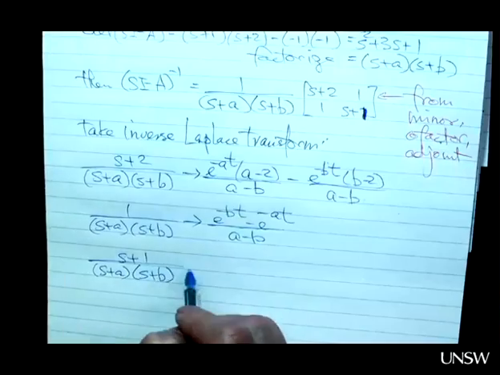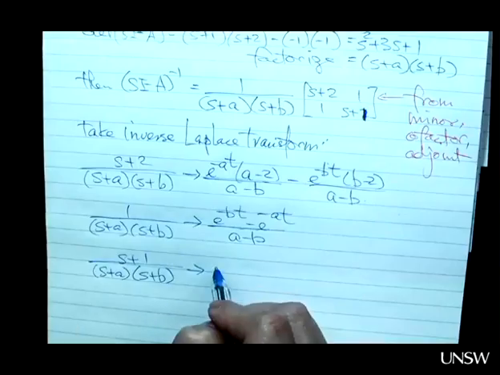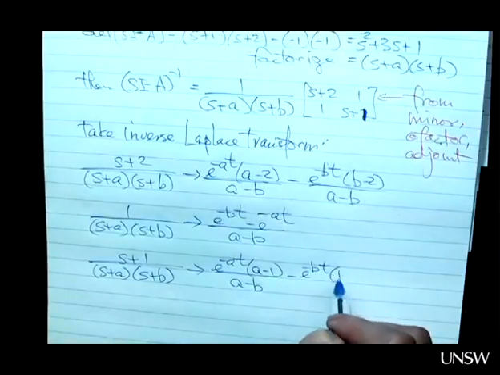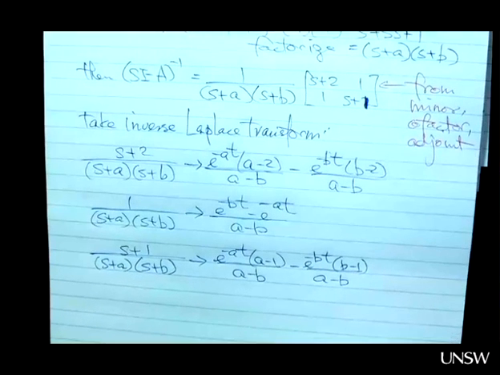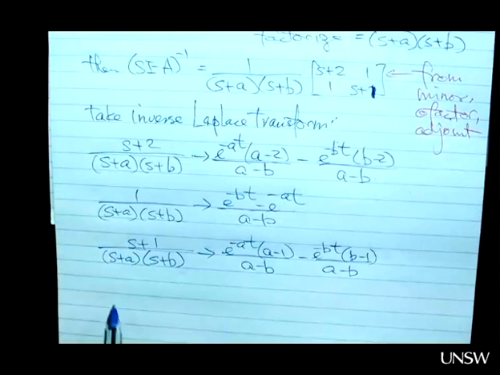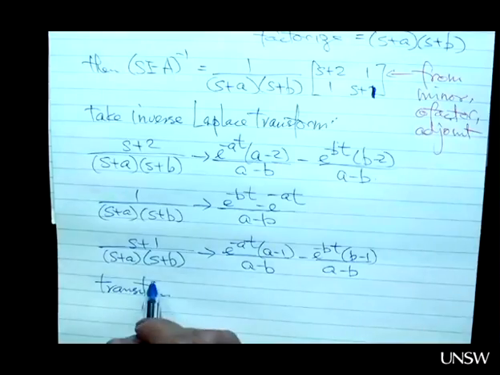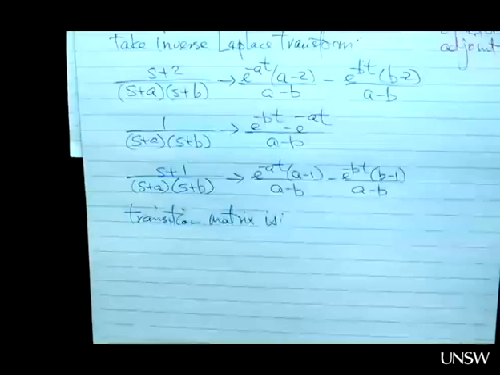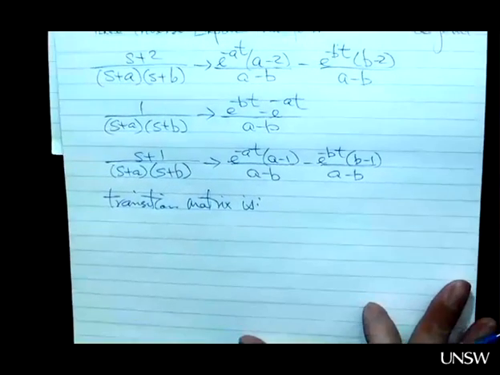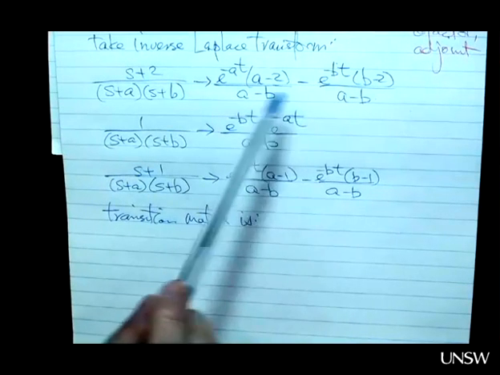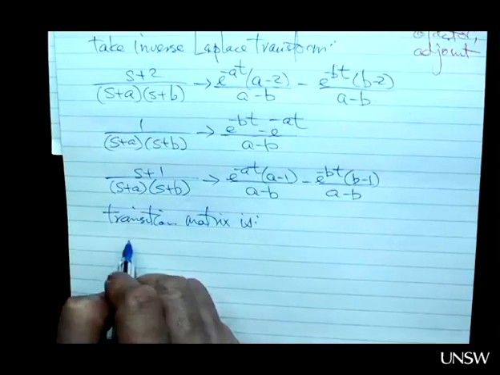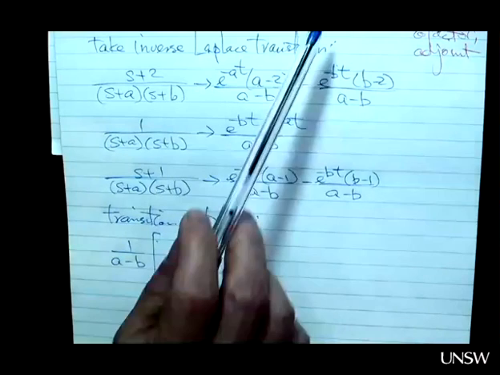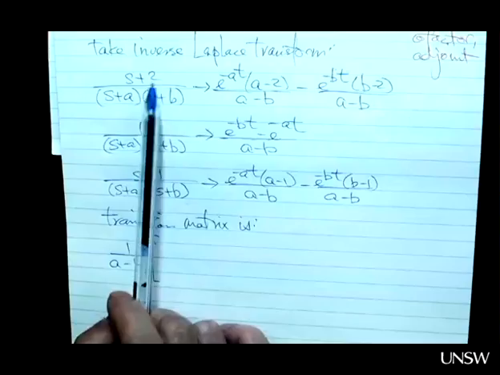So the transition matrix, we take out all the factors, a minus b, and then the first term is s plus 2, so we have e to the minus aT, a minus 2.